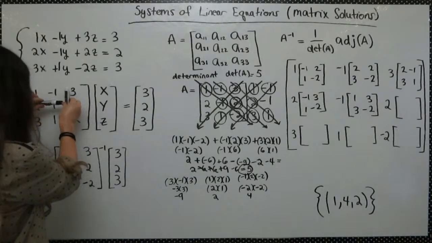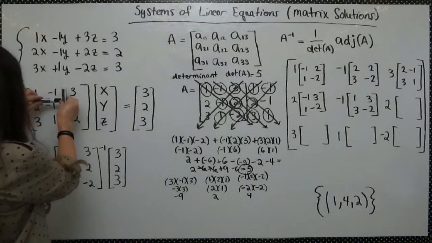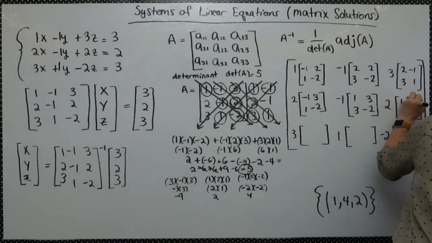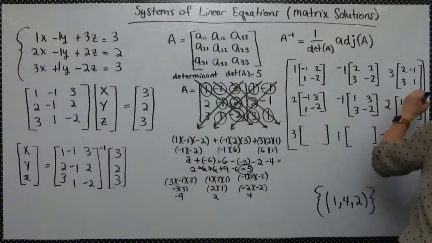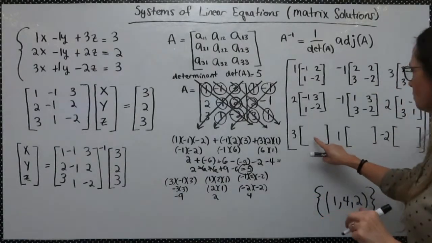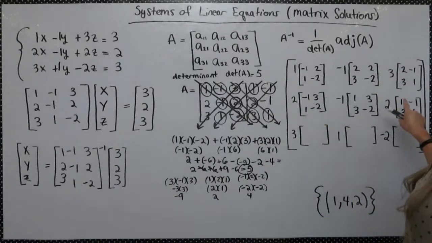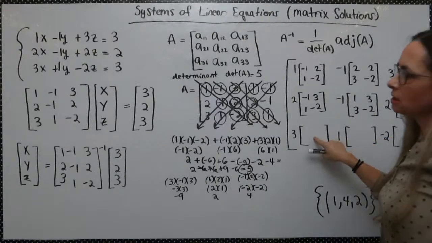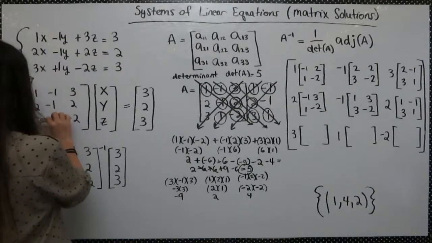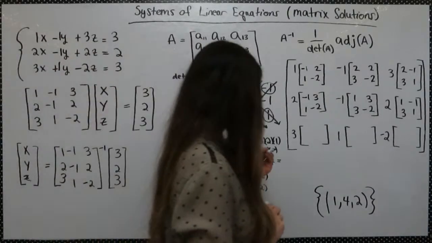So 2. So we got 1, 1, -1, 3, and 1. Okay, and then 3, 1, -1, 3, and 1. 3 here is 1, -1, 3, -1, 2.